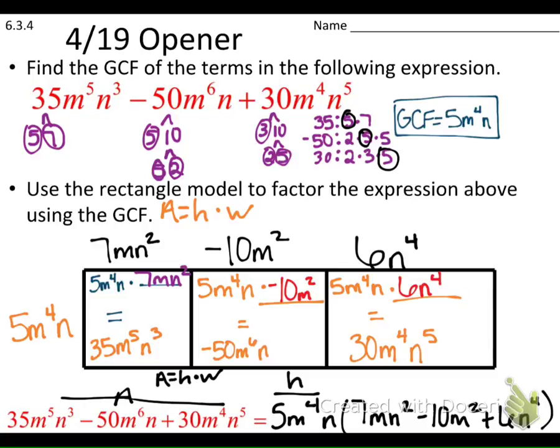But is that our final answer? Not boxing it yet. Like terms, not like terms. What do we have to do with the exponents first? Do we go from smallest exponent to largest or largest to smallest?